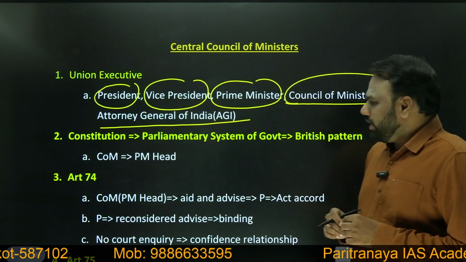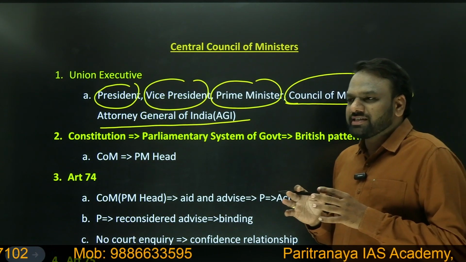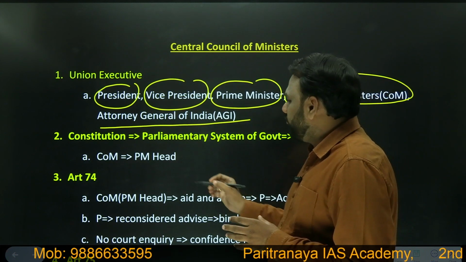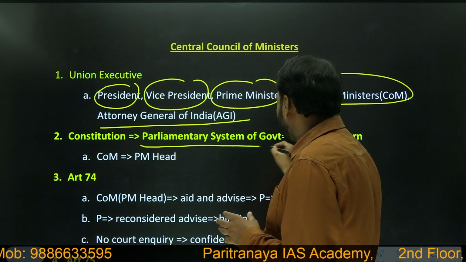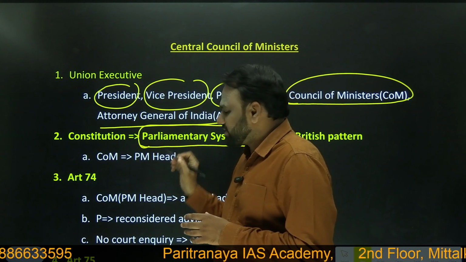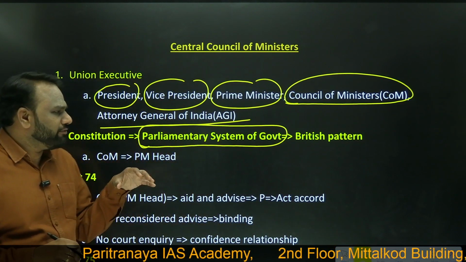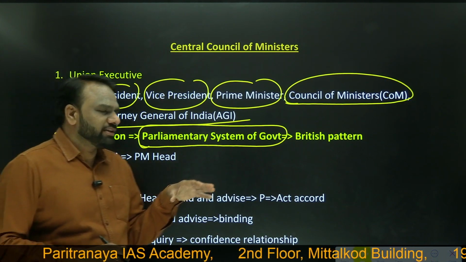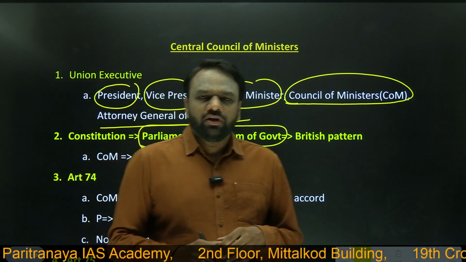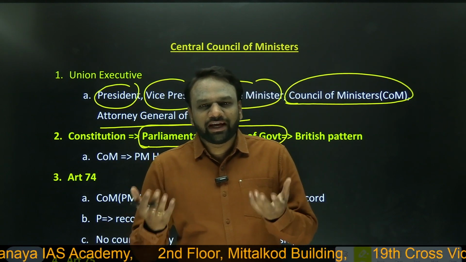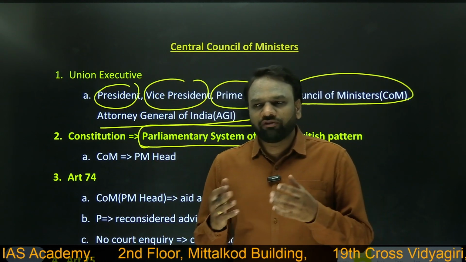What kind of political system do we have in India? In India, we have parliamentary system of government. There are different types of government as well, but for time being we'll be focusing on only Indian government, that is parliamentary system of government. From where have we borrowed this system of government?